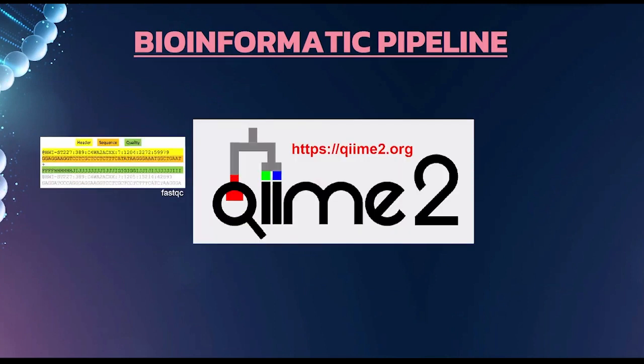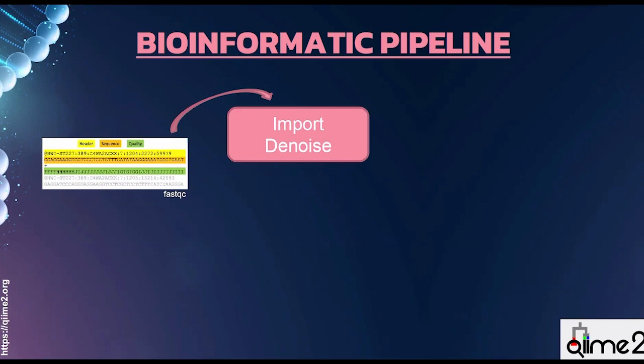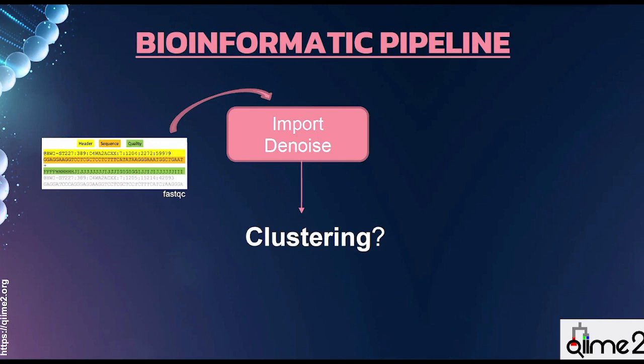Of course, I am going to talk about the QIIME 2 platform. I know there are other different platforms, for example, mothur, or maybe you can use, for example, the MG-RAST server, but I use this. The first step is to import the sequences to the platform, and then you can perform the denoise. Of course, what about the clustering step? Years ago, the clustering was a mandatory step because you had to remove the PCR errors.